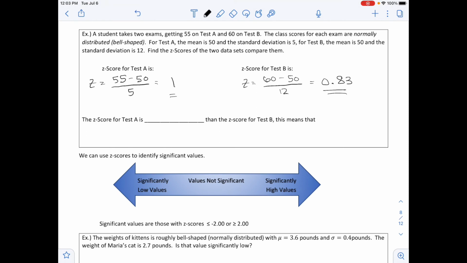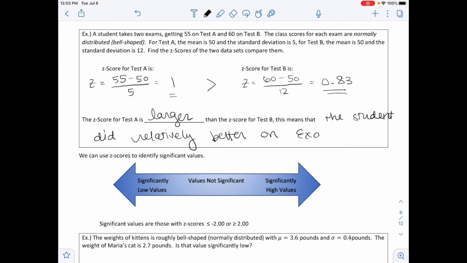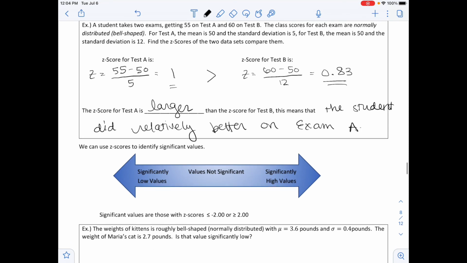Looking at the z-score for test A and the z-score for test B, you can see that A is greater than, so it is larger than that for test B. And this means that the student did relatively better on exam A. This is also used a lot when students are applying to colleges and have to submit either ACT or SAT scores, and they might take both, and then they calculate these to see relatively which one they did better on, and apply with that score.